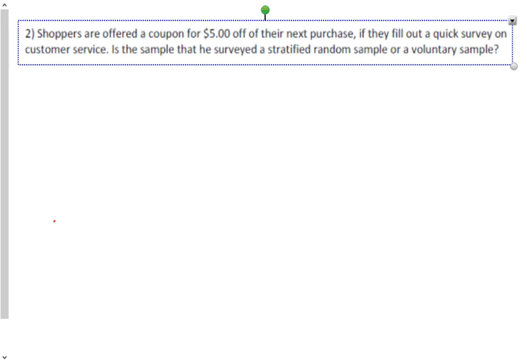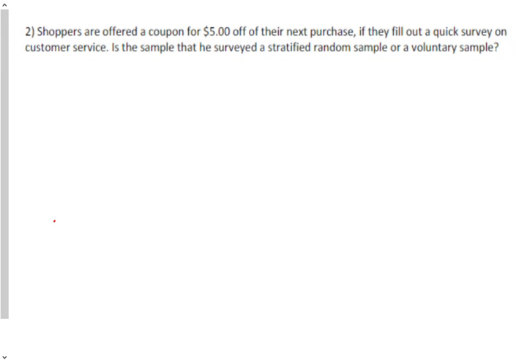Okay. In number 2. Shoppers are offered a coupon for $5 off their next purchase if they fill out a quick survey. Okay. This is a voluntary sample, because the participants are choosing whether or not they want to fill out the survey.